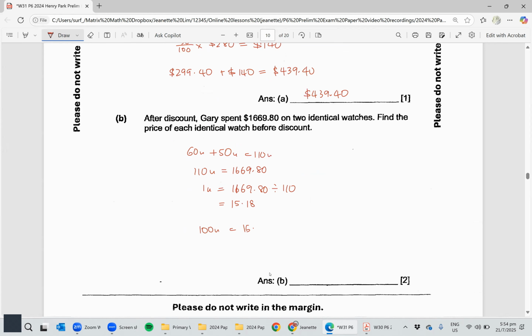So we times 100. Okay, you get 1,518. That's the amount paid, $1,518.